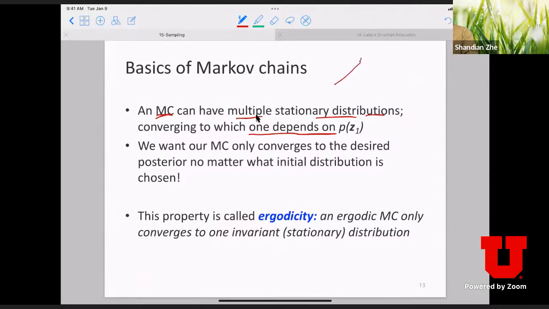It's like you might land here, or here, or here. This is not what we want. We want our Markov chain to converge only to the desired posterior, no matter what initial distribution is chosen. If you can construct such a chain, which converges to only one stationary distribution, it is called ergodic, and this property is called ergodicity. An ergodic Markov chain converges to only one invariant, stationary distribution.